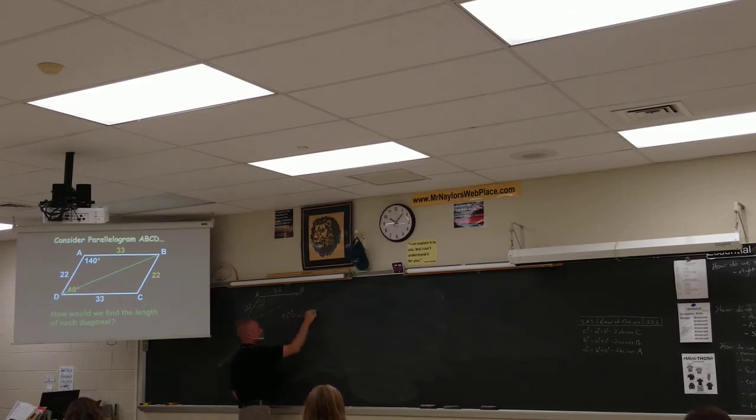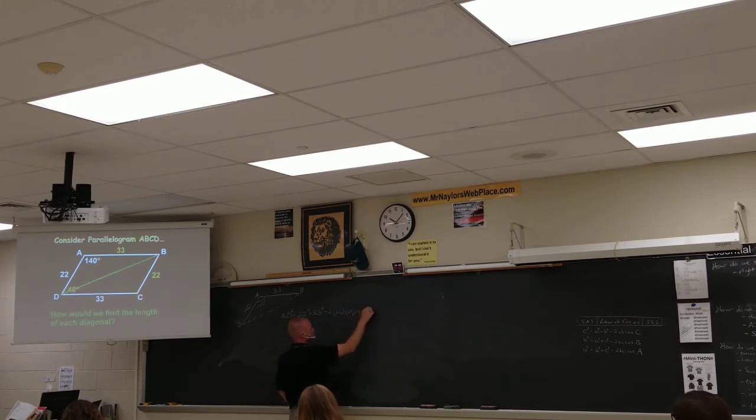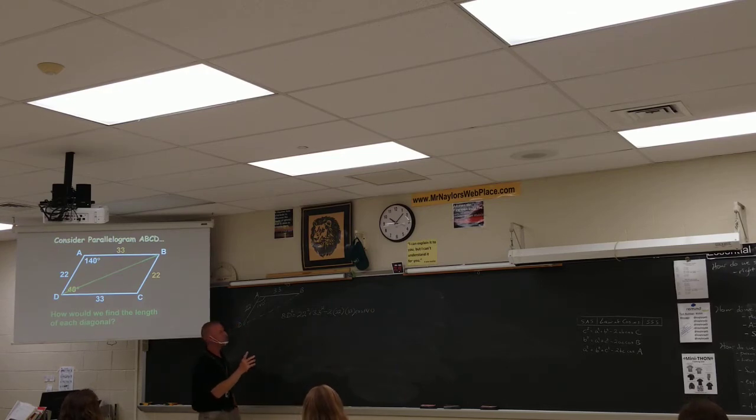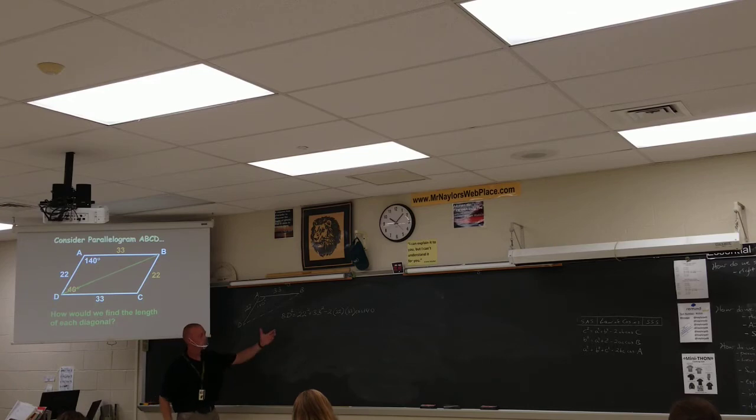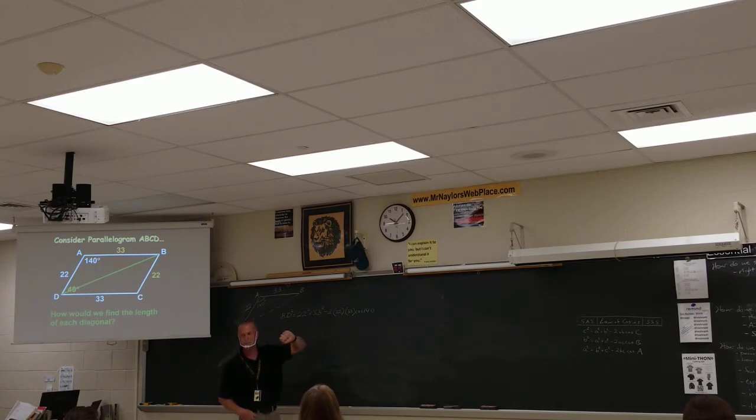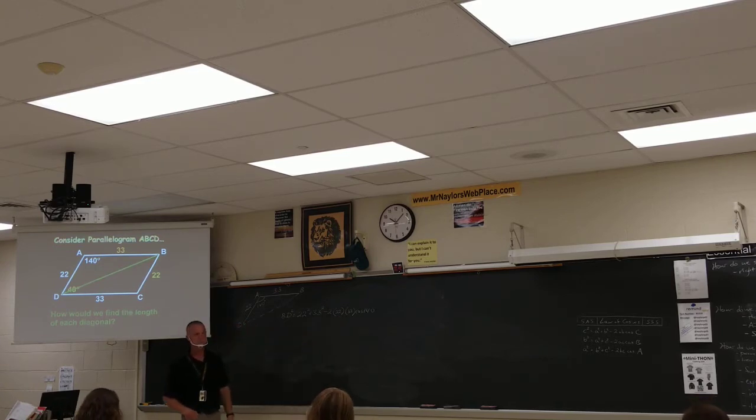When you need to, you're welcome to look up here. Again, my point behind this is that it really doesn't matter what letters are on the triangle. It's always the sum of the squares minus twice the product of the sides and the cosine of that angle.